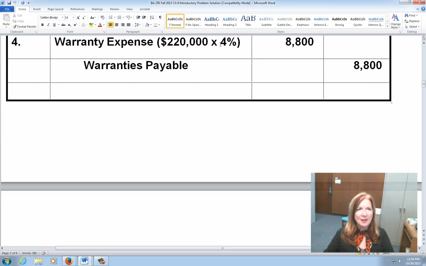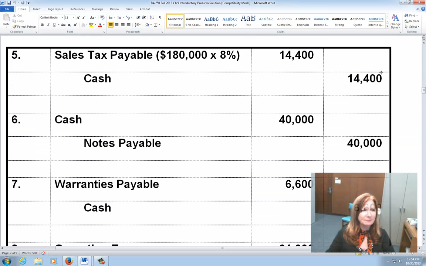Remember, I would multiply this by 0.04. And then warranties payable would be the liability that are going up, the obligation to honor those warranties if anything happens in the next 6 months. And so then that's $8,800.